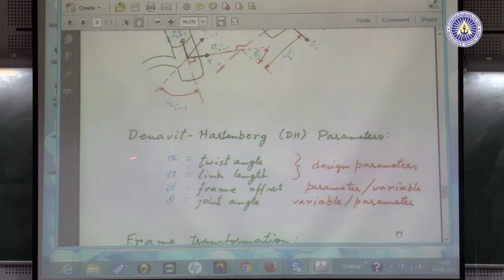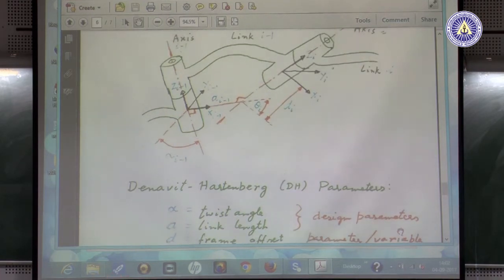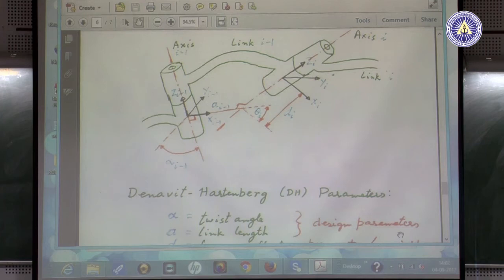So, the angle alpha through which you turned about the x axis is called the twist angle, and the length of the common perpendicular, that is called the link length. That makes sense, because if the whole thing were planar, then all the axes would be parallel, thinking it is rotary.